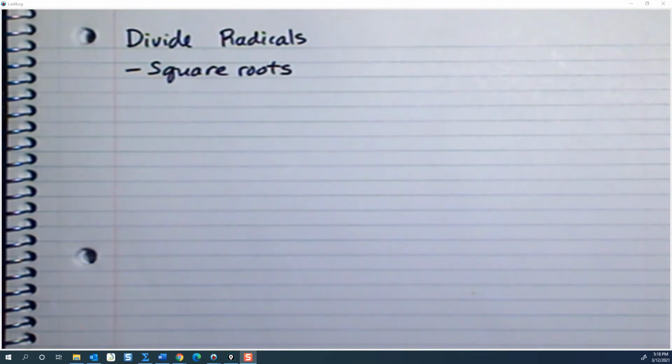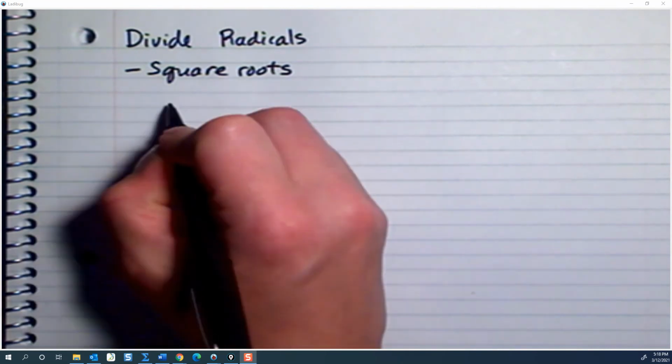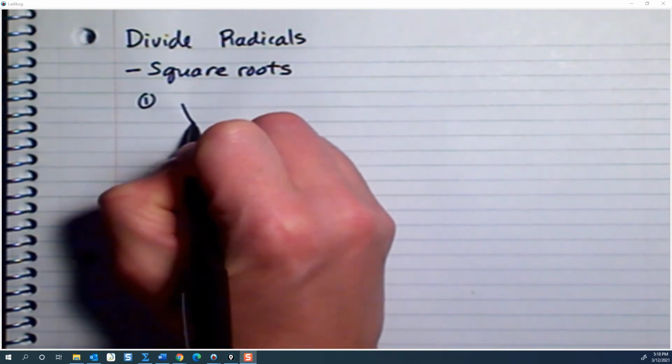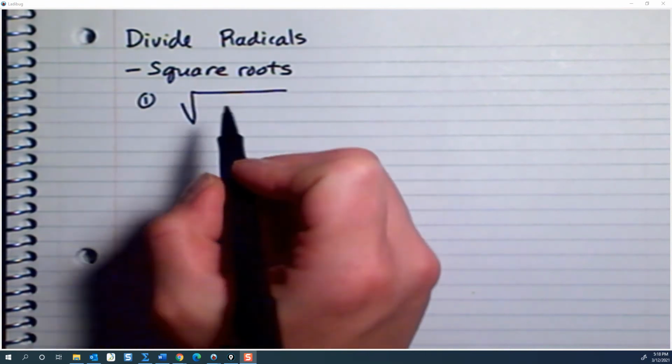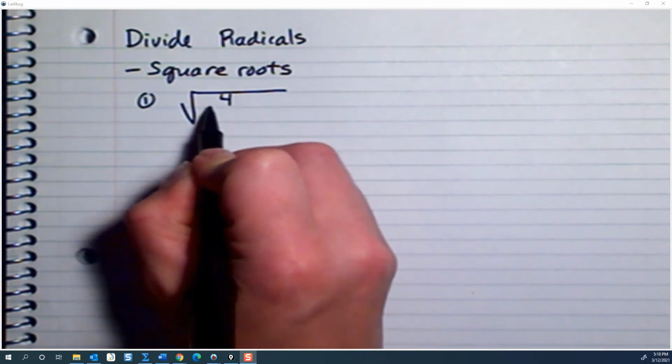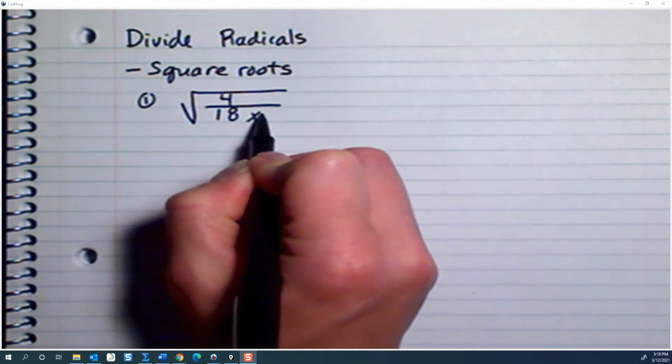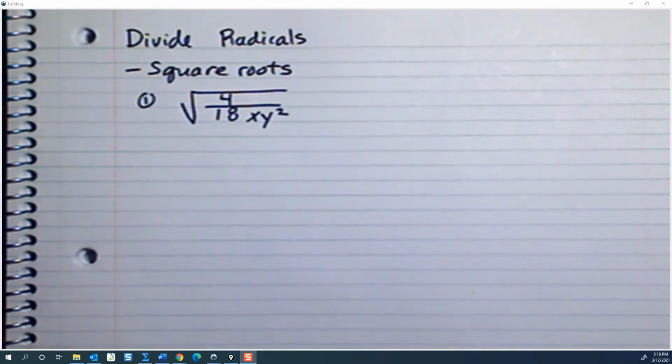All right, so let's say the square root of 4 over 18xy squared. Okay, so we need to think about the different ways we can do this.